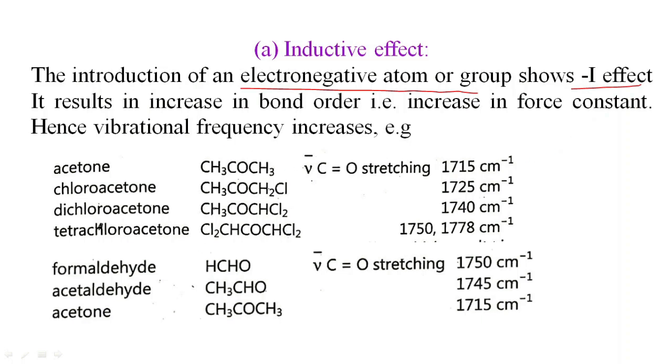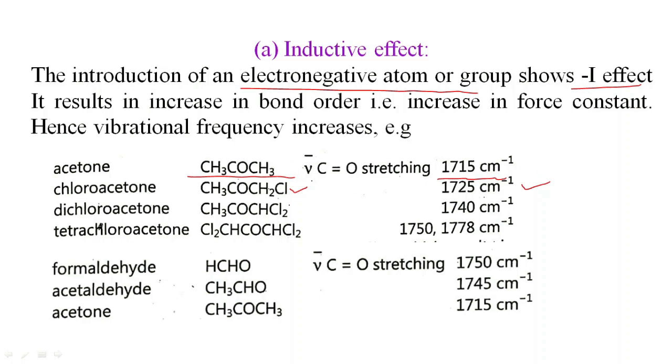So, in the case of acetone, the stretching frequency is 1715 centimeter inverse. When one Cl, one electronegative atom, is introduced in the acetone, that is in the case of chloroacetone, the stretching frequency increases. There is an increase in force constant of that bond, or we can say bond order increases.